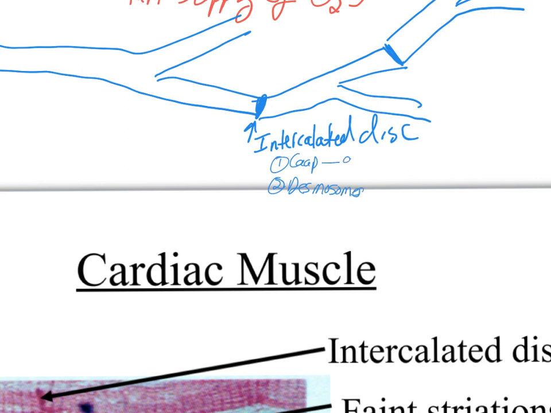Gap junctions allow charged ions to pass between the cells. This creates a functional syncytium, and we're going to focus on this part of the word, syncytium, or sync.